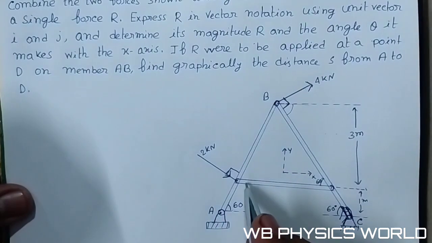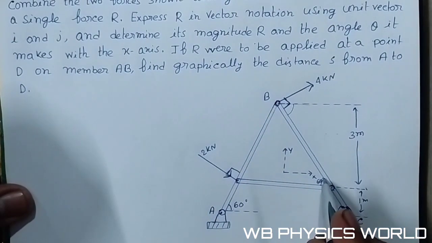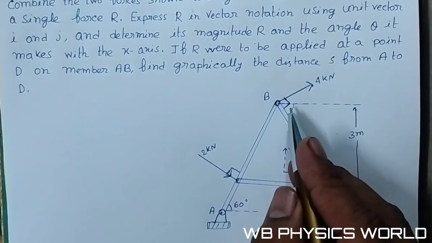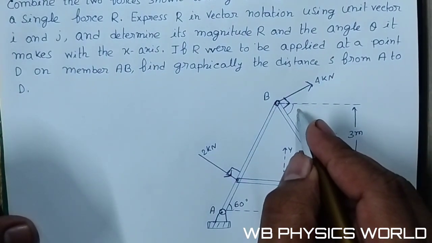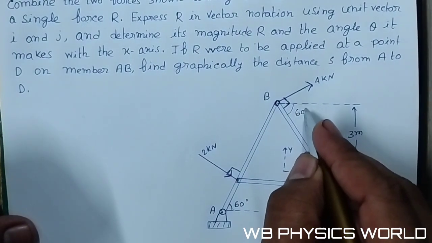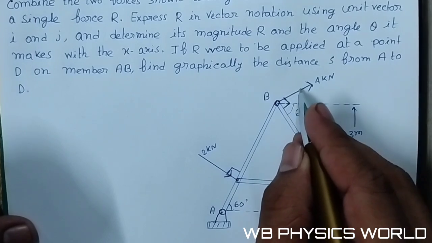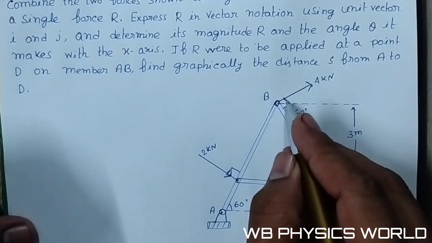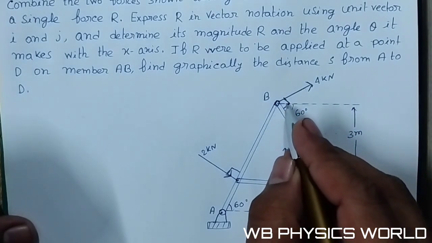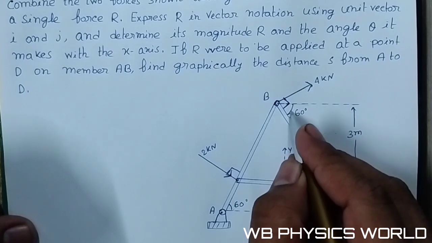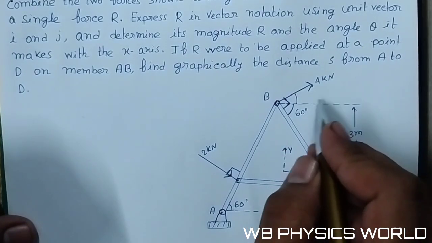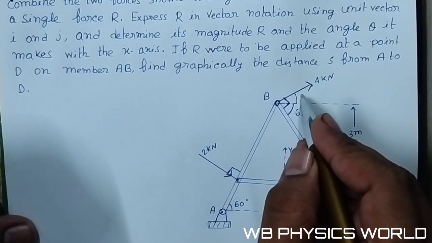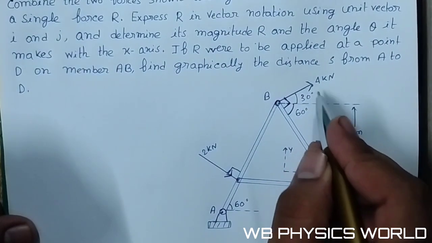This line and this line are parallel, so this angle and this angle are the same, so this is also 60 degrees, and this 4 kilonewton force is perpendicular to this side. So if this angle is 60 degrees, the angle with the x-axis is 30 degrees.